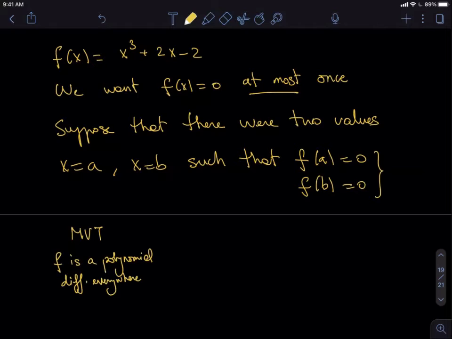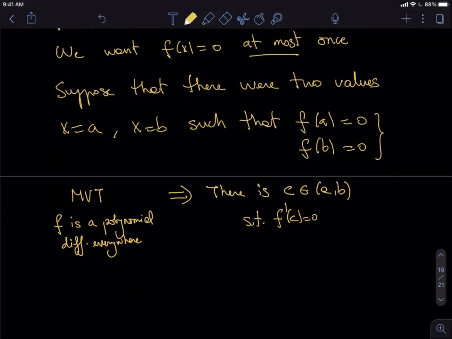So once we know that, the mean value theorem says that there is some value c in (a, b), such that f prime of c equals 0. Let's write this nicely. F prime of c equals 0. We can apply Rolle's theorem here, or we can just apply the mean value theorem.